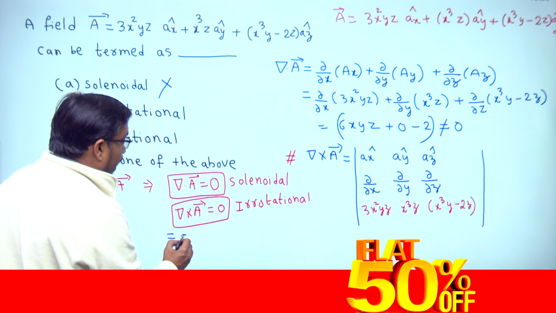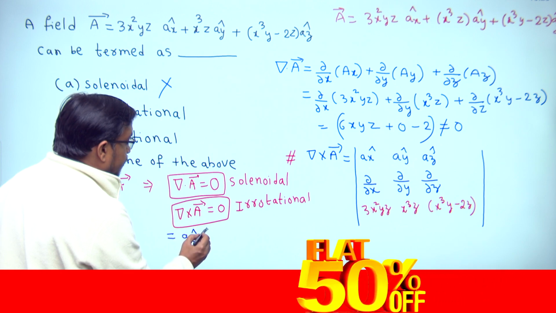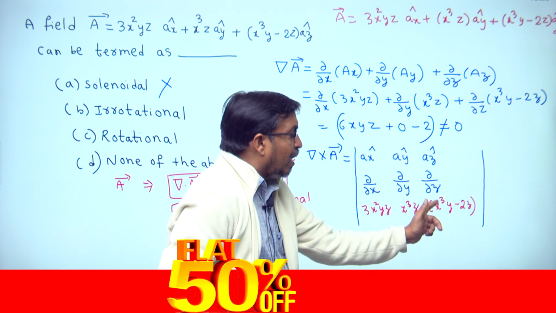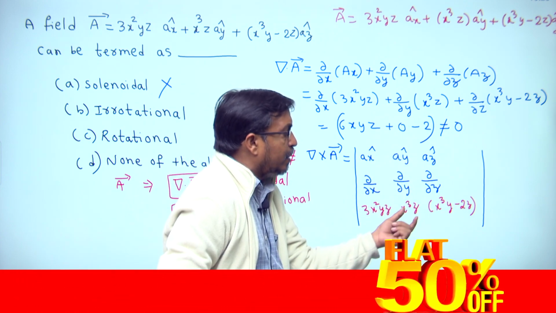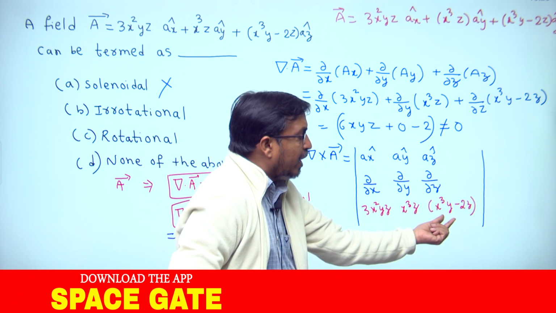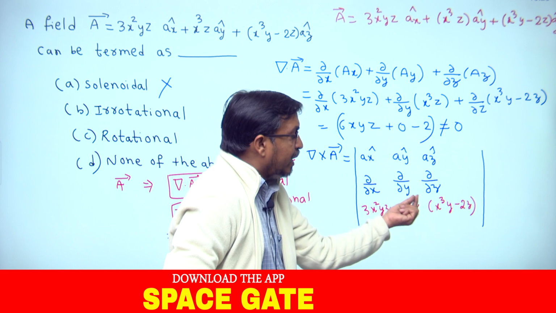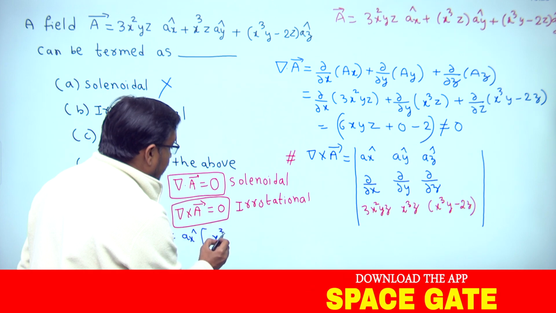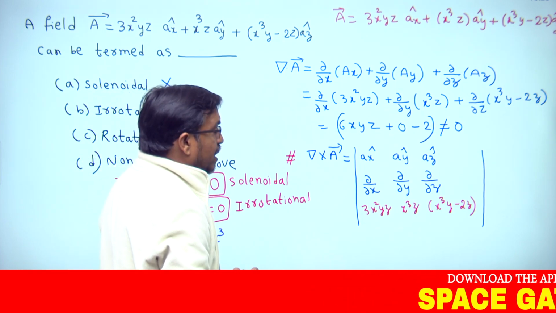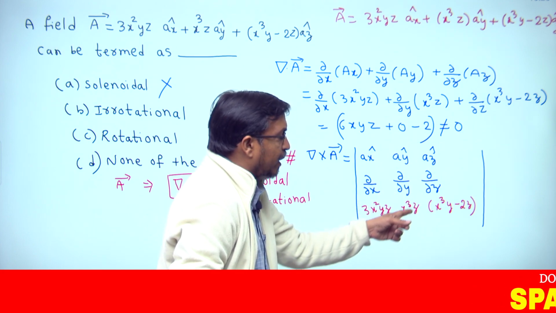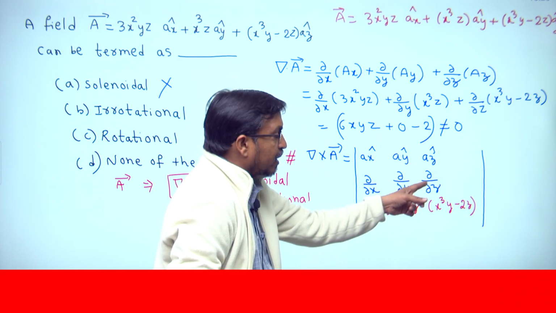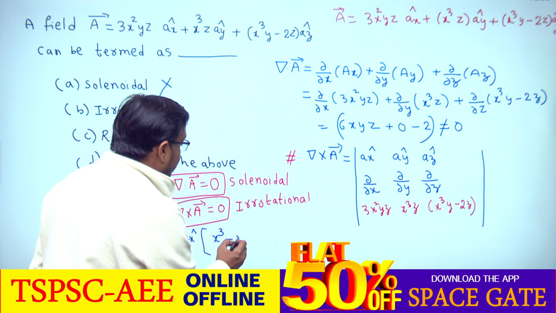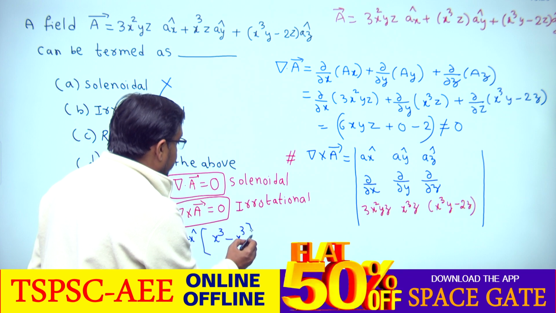First, the x cap component. ∂/∂y of x³y − 2z, differentiating with respect to y, gives x³. Students, watch carefully, minus ∂/∂z of x³z, differentiating with respect to z, so here also it is minus x³, first term.